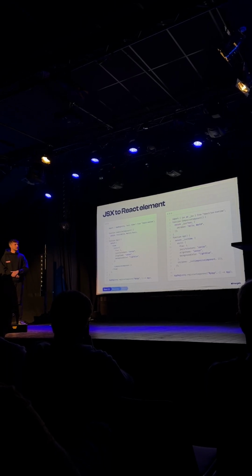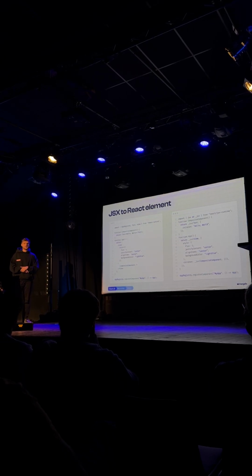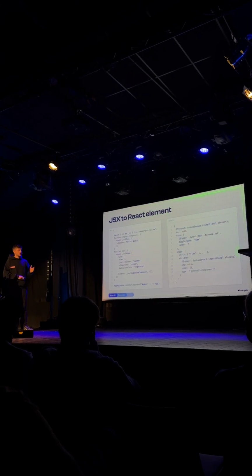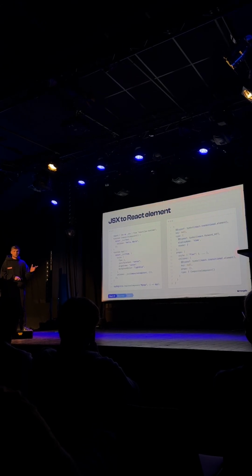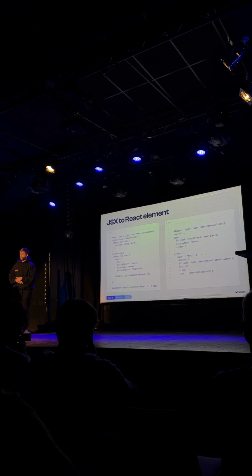Now, what is the result or the return type when we call our app function that will call the JSX function? The answer is very simple. We just get a JavaScript object. We refer to these JavaScript objects as React elements. Now, there's one important point that I want to make here.